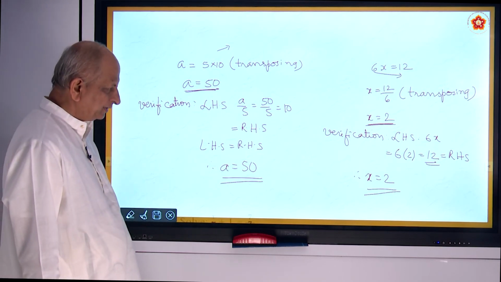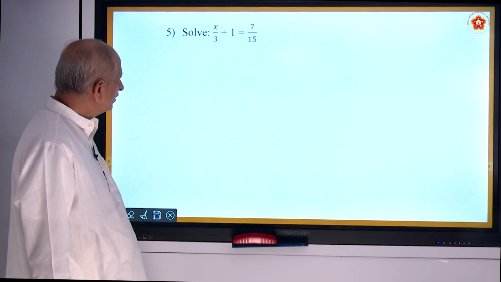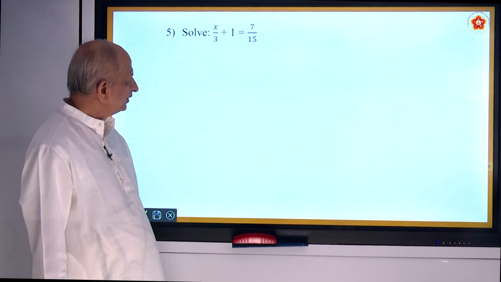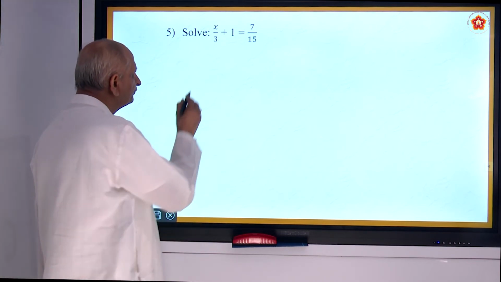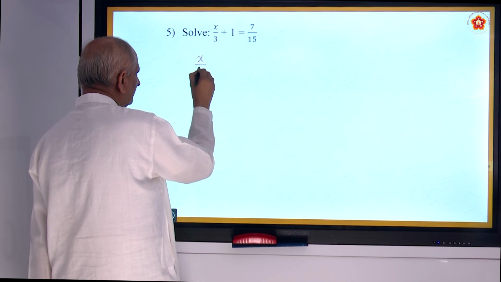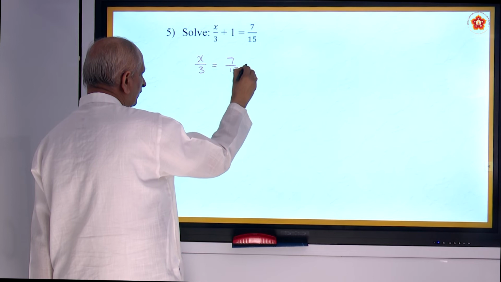Okay. Now we will have one more problem. X by 3 plus 1 is equal to 7 by 15. What shall I do now? First you transfer that 1 to that side. 7 by 15 minus 1.